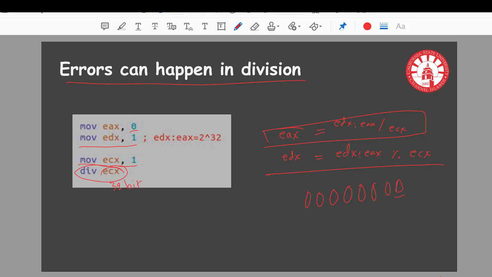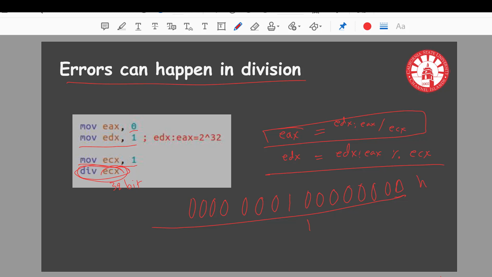And we said that register EDX has value of 1. Therefore, we're going to have 1, 0, 0, 0. This one also has to be 8 digits, 0, 0. And this is a hex number. It's not a binary number. It's a hex number. And then we're going to divide this by 1.